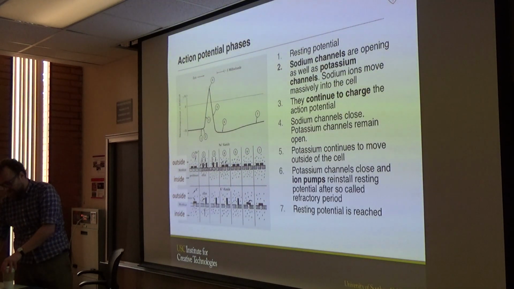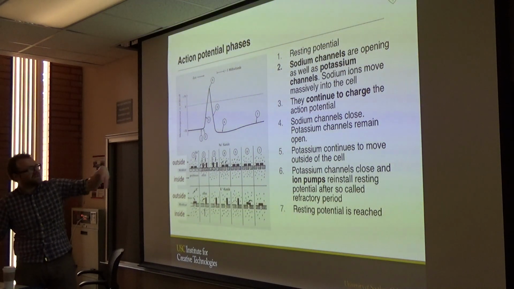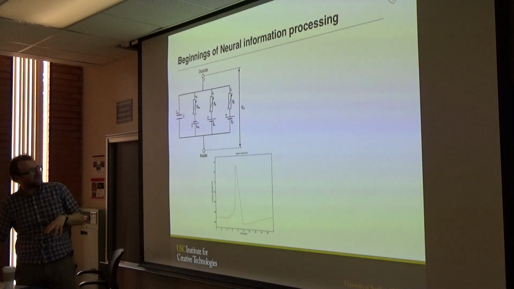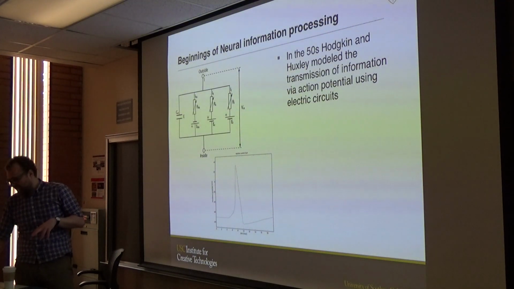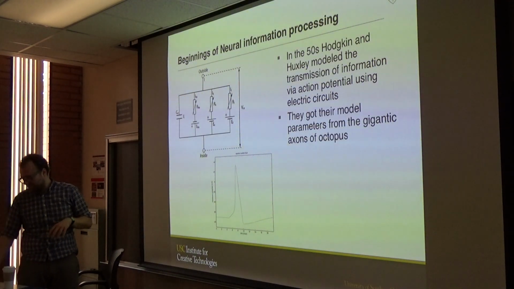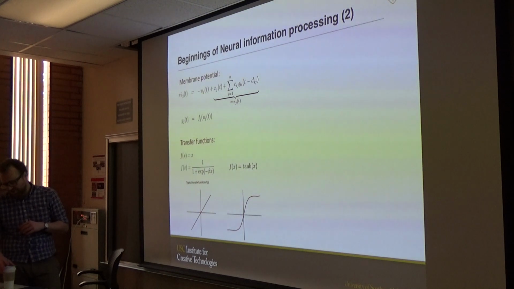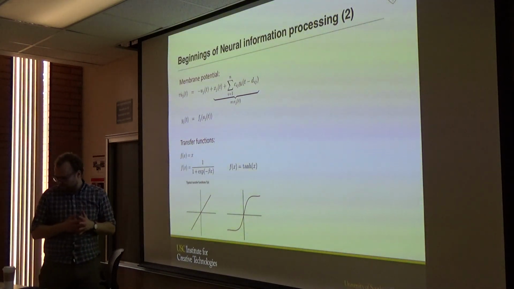And we talked a little bit about how action potentials are emitted, but thankfully we don't have to model all these complicated things in our simulated neural networks, because we want to have large neural networks and with limited computational power we can't really do that very well.